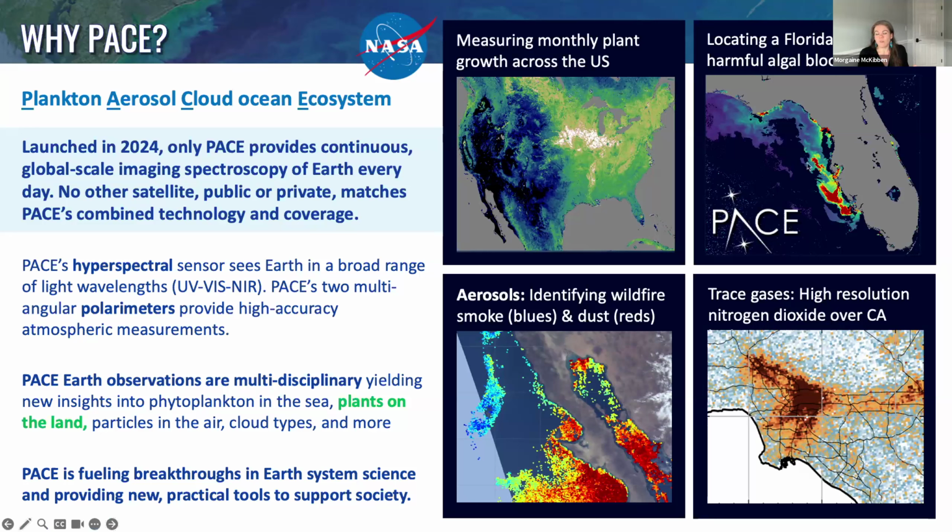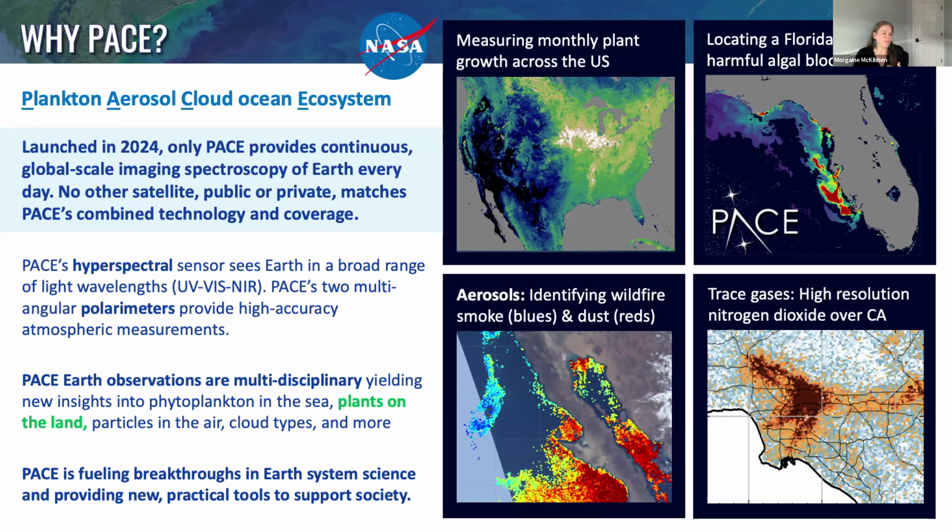Also, how can we identify harmful algal blooms in the sea in new and more accurate ways with all this hyperspectral information. We even have a research group that has figured out how to identify or measure trace gases with PACE OCI, or with our hyperspectral information, which we're pretty excited about, producing a product that's just a little over 1 kilometer in spatial resolution.